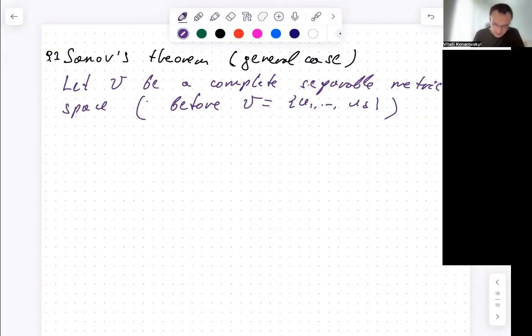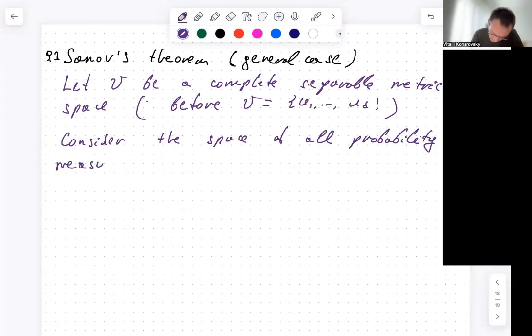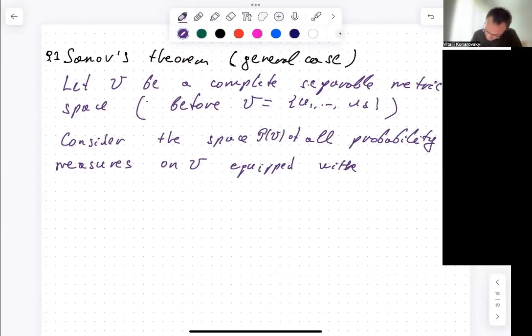Then we also consider P(U), the space of all probability measures on U, equipped with the topology of weak convergence.